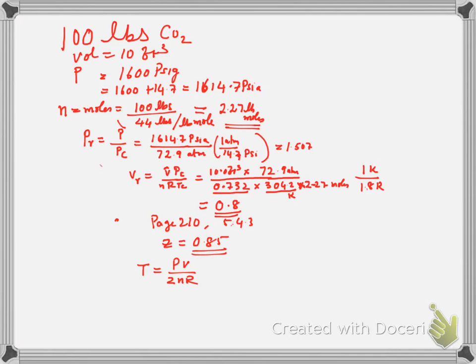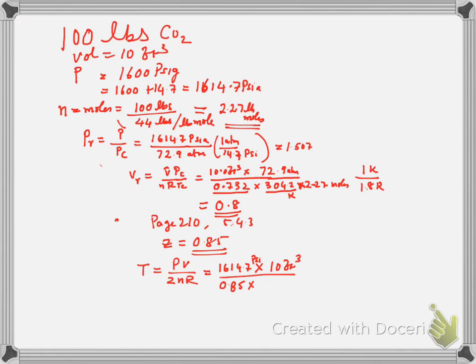So now, in this case, P is equal to what? 1614.7, right? And then V equal to 10. This is in PSI, divided by Z, now we have 0.85.